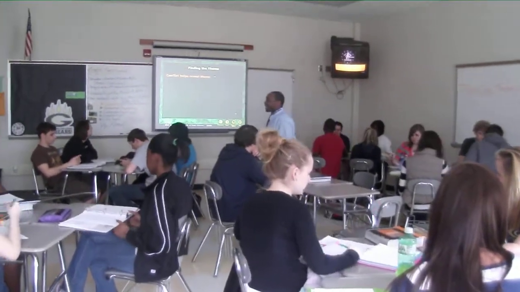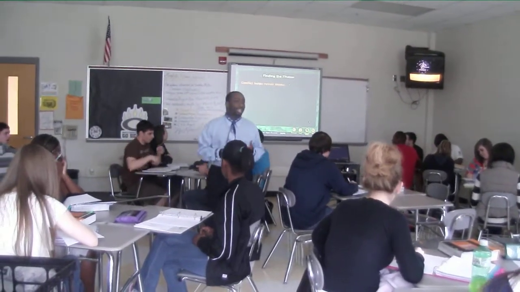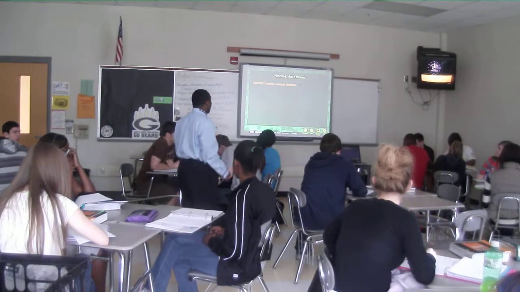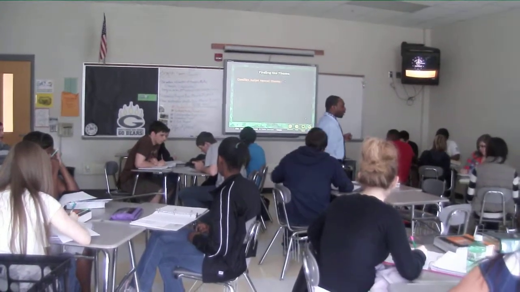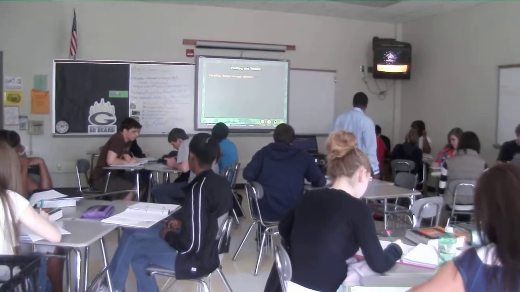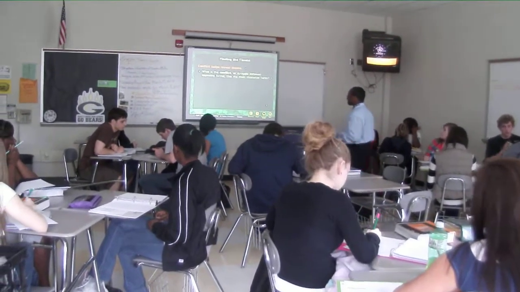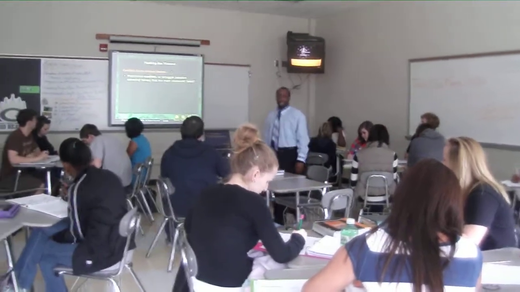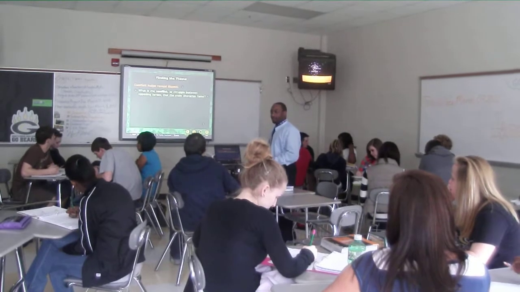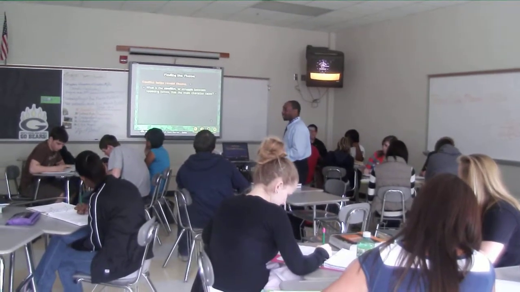Another way that you can find theme is looking directly at the conflict that occurs in the novel or whatever you're reading. For example, what is the conflict or the struggle between the opposing forces? What is the struggle between the protagonist and the antagonist?